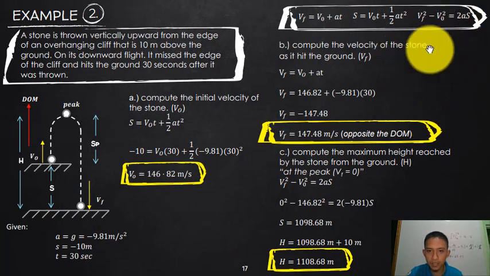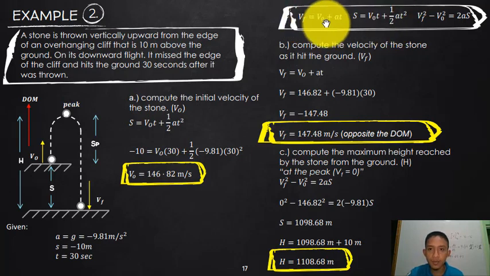If I use this one, you know your acceleration, yes. You know your time, yes. V sub O is the unknown, but there is another unknown, which is V sub F. We do not know your final velocity, isn't it? So you cannot use this one because there are two unknowns, unless you want to use 2 equations, 2 unknowns in algebra, but I do not suggest that.